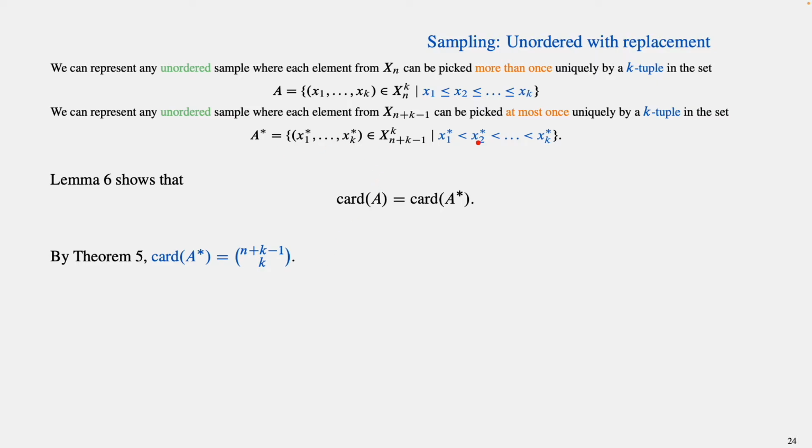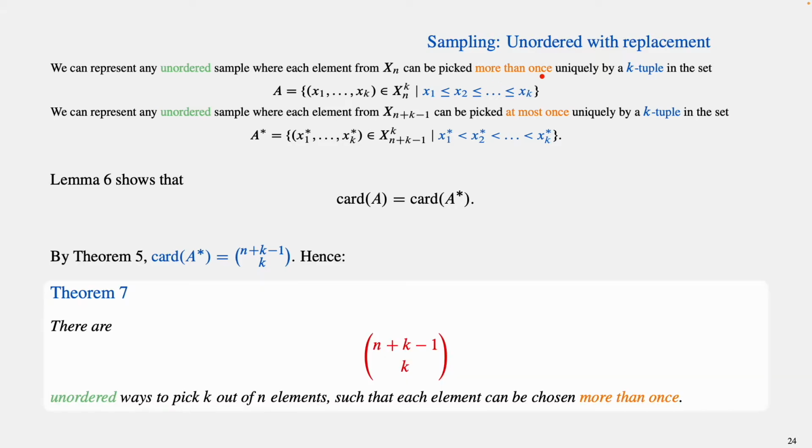And because this set is bijective to this one, and the number of elements in this set correspond to the unordered samples where we can pick each element more than once, we have the following theorem. There are n plus k minus 1 over k unordered ways to pick k out of n elements, such that each element can be chosen more than once.